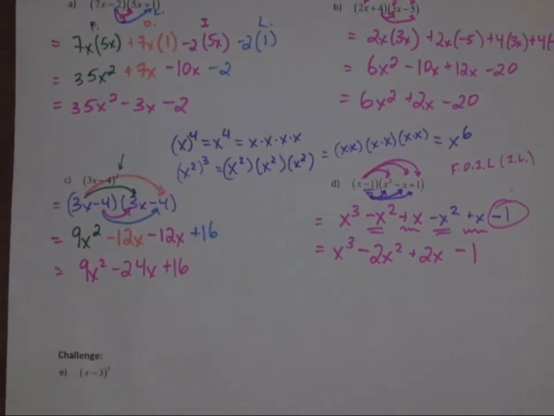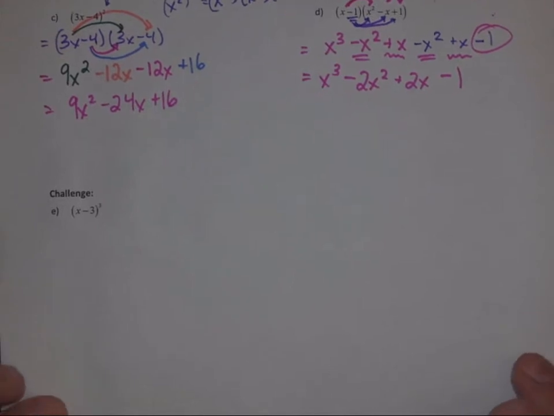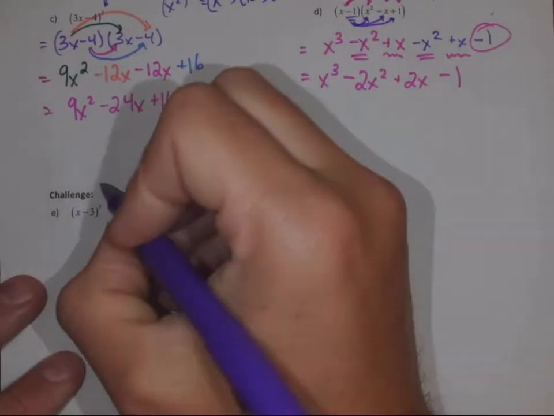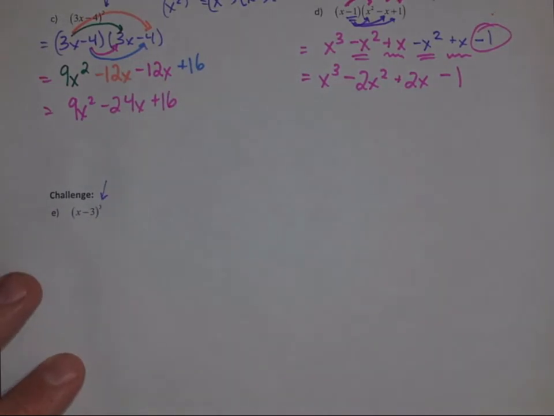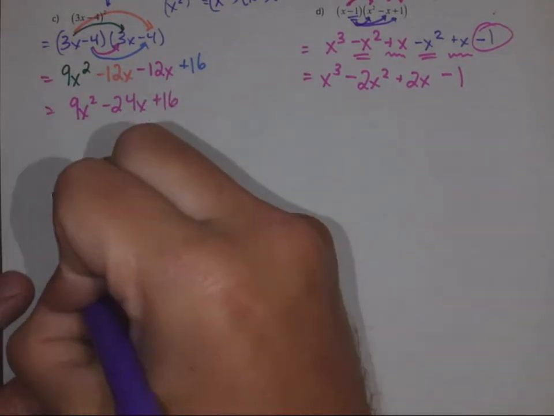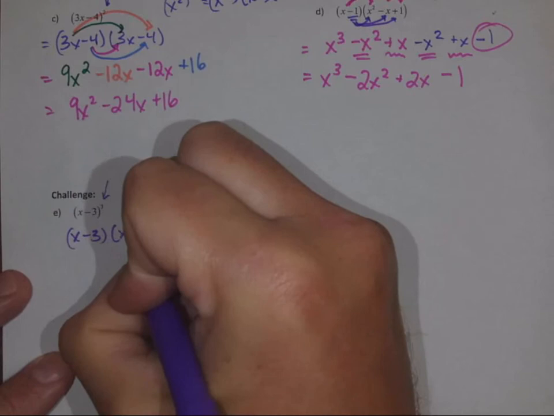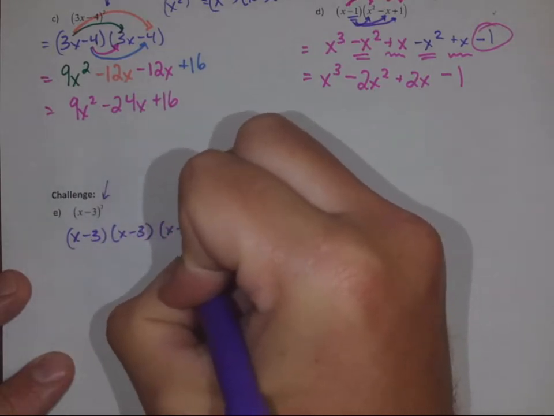Okay, here's a challenge. If you like a challenge, pause the video now and give it a try. Remember what that cubed means. Just like above, it means what's in the bracket times itself 1, 2, 3 times.